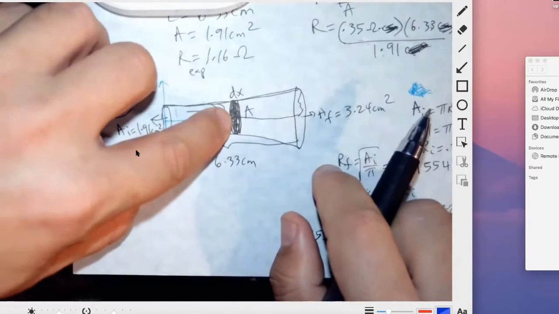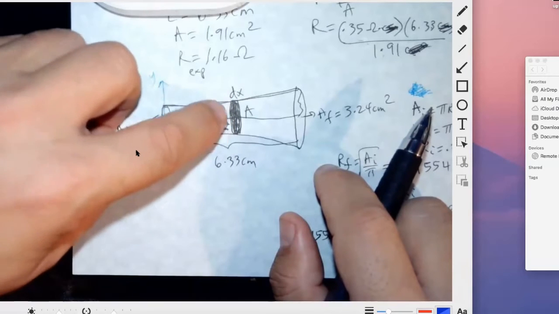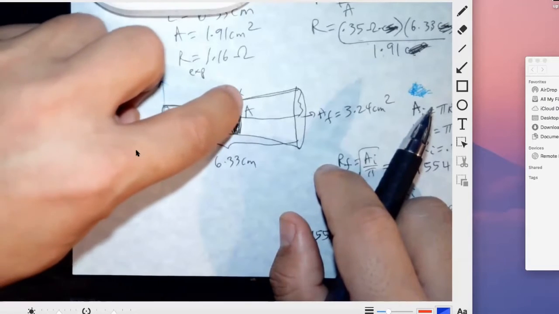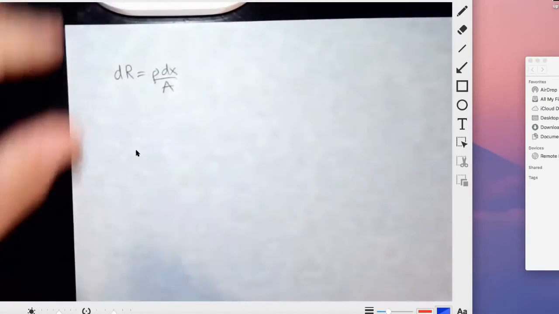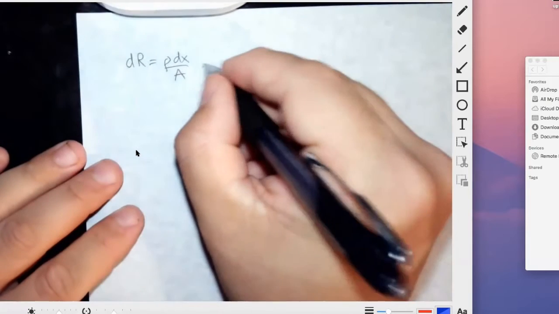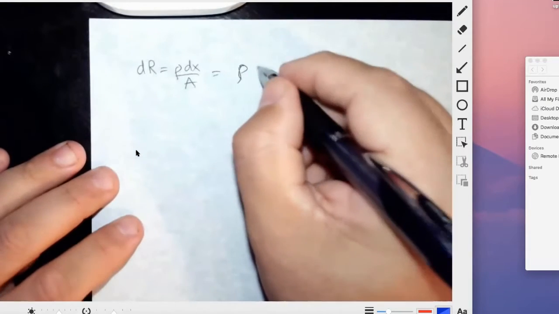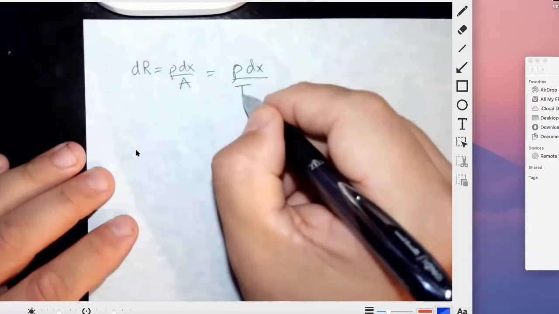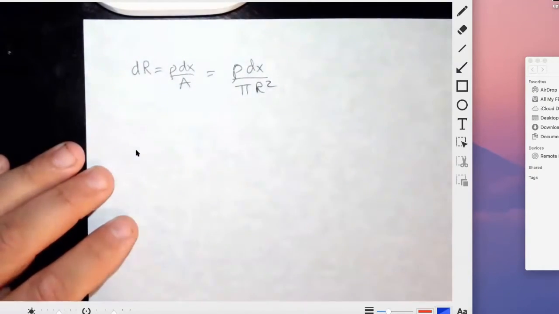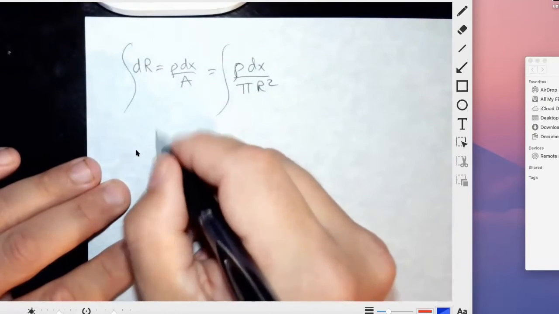If you take a piece of that wire, its resistance is its resistivity times its small little length over its area, right? And that's going to be equal to its resistivity times dx over pi r squared.